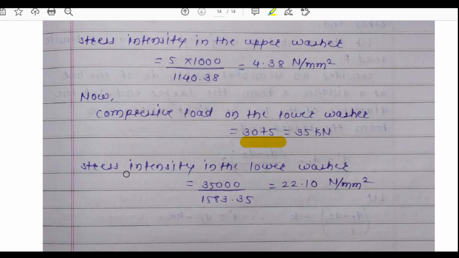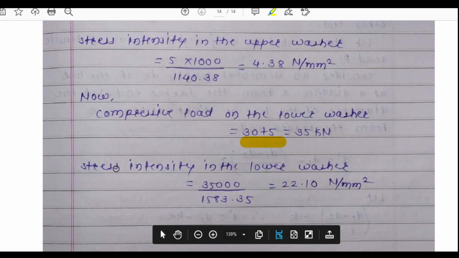So they ask us to calculate the stress intensity in lower washer when bolts are tightened. So stress intensity in lower washer when bolts are tightened is the total compressive load of 35 kilonewton divided by area of lower washer.